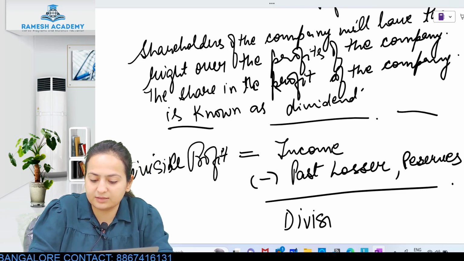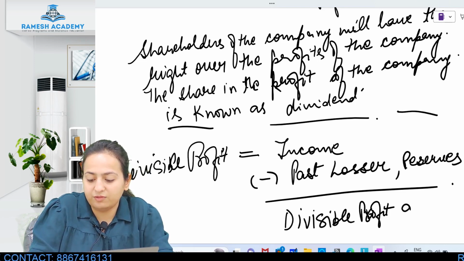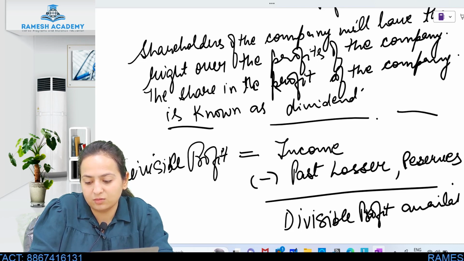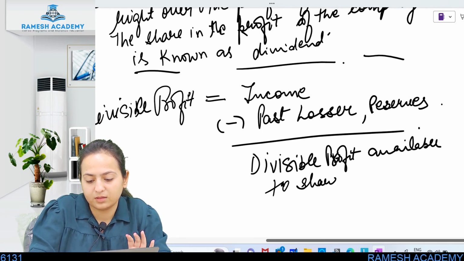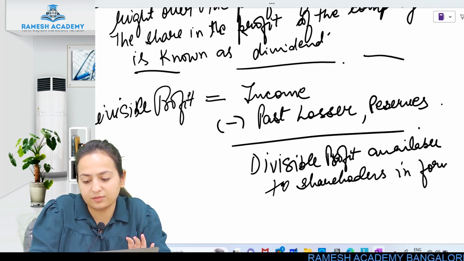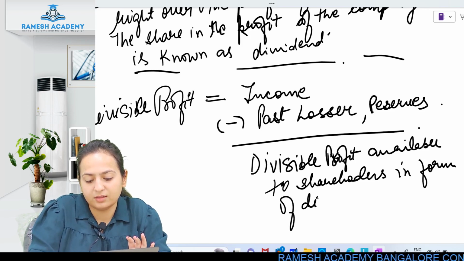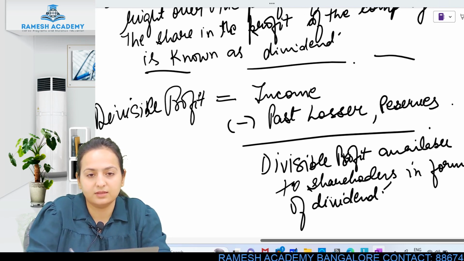This is known as divisible profit, which is available to shareholders in the form of what? In the form of dividend. Yes, please write down.